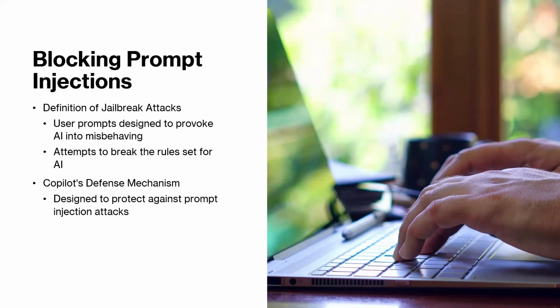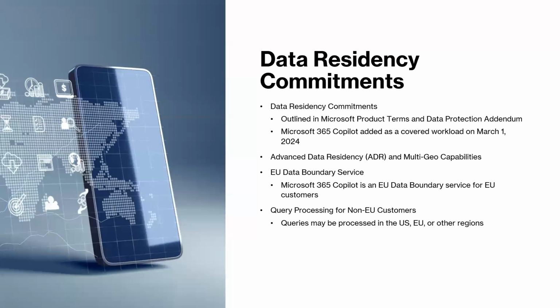Kind of starting to steer a little bit towards data residency and regulatory requirements. Microsoft 365 Copilot adheres to the data residency commitments that it has made. Really, as of March 1st, that became part of that, and works with different offerings like advanced data residency and multi-geo capabilities, as well as the EU data service boundary.